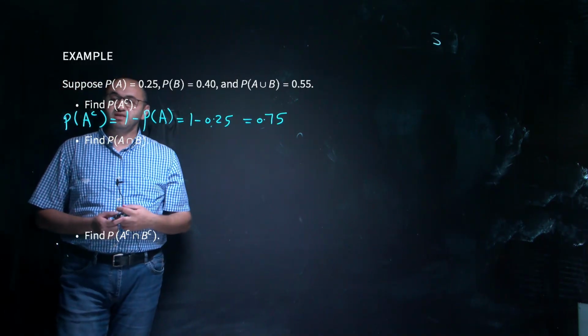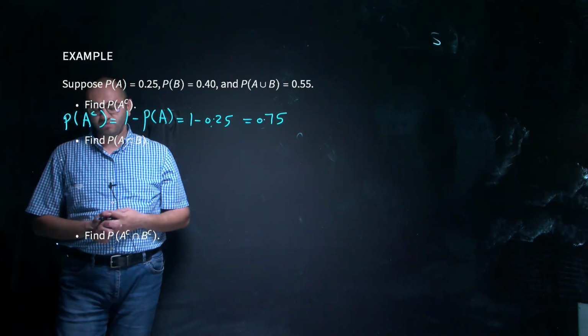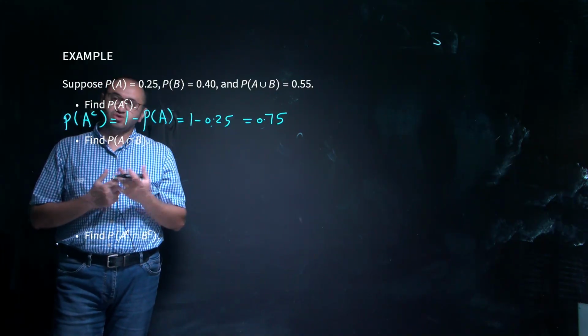What is probability of A intersection B? Which formula should we use?